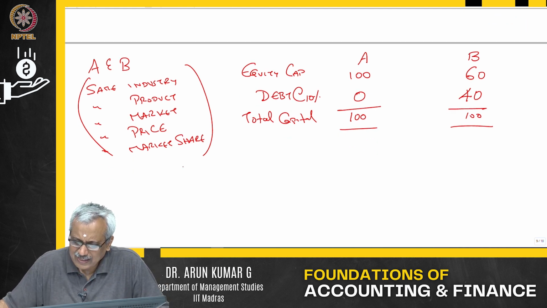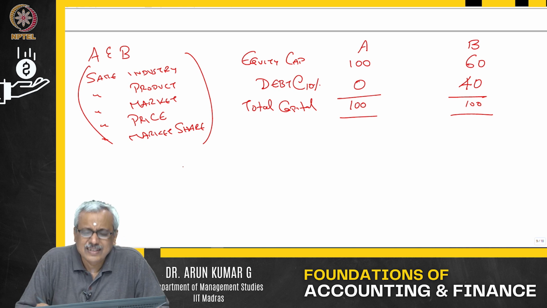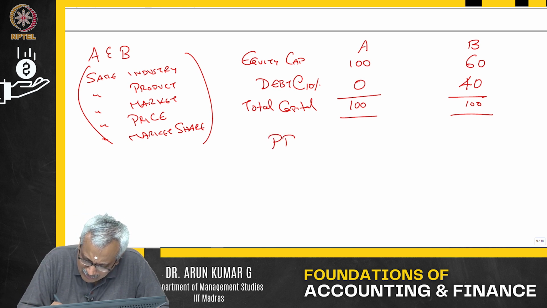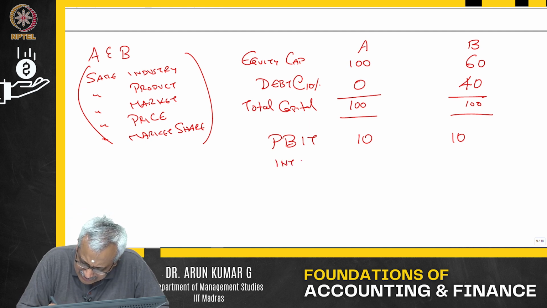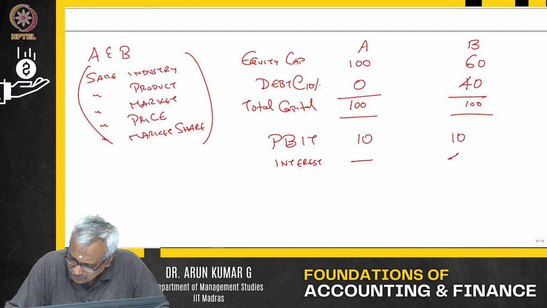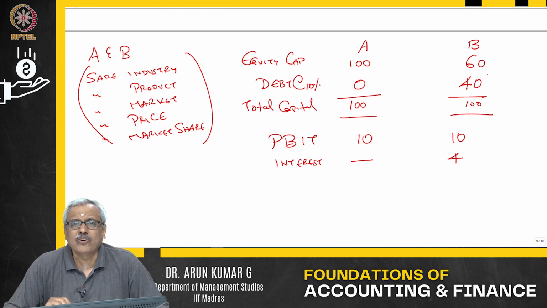Now, they make the profit before interest and tax, both make a profit before interest and tax of $10. Now I will say my interest component is 0 here, $4 here, because on 40, 10%.